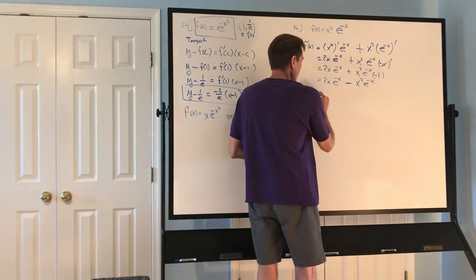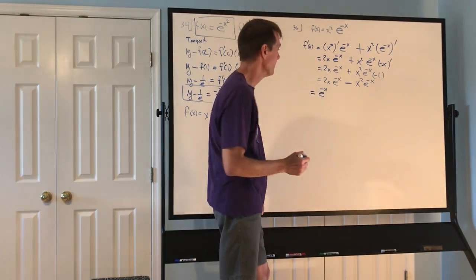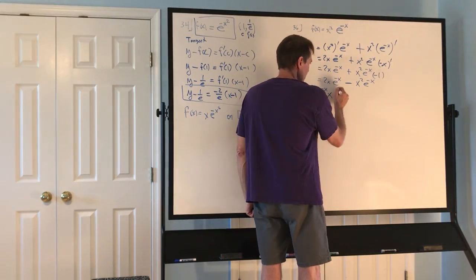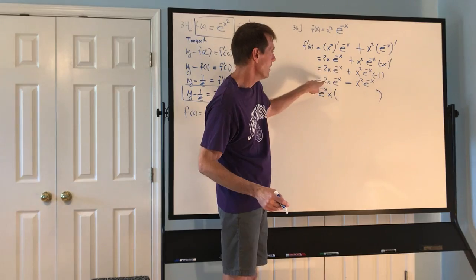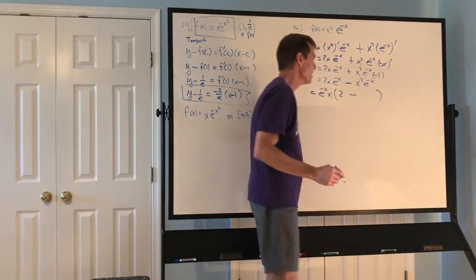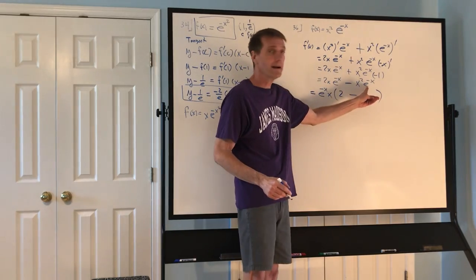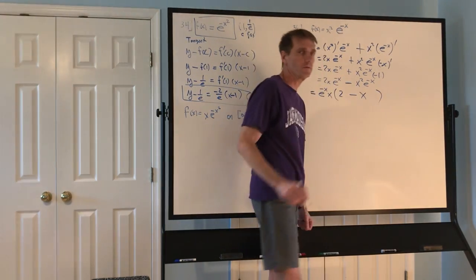So let's pull out this guy, e to the minus x, and let's pull out one of those x's. And let's see what we got left inside the parentheses. Well, the only thing left in here that's missing is this 2. We've got our minus sign there. We've taken that guy away, and we've taken one of the x's. So we're left with this.